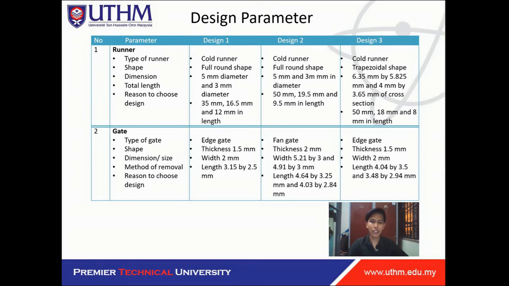Length 4.64 by 3.25 mm and 4.03 by 2.84 mm. And for design 3, we are using H gate, thickness 1.5 mm, width 2 mm, length 4.04 by 3.5 and 3.48 by 2.94 mm.